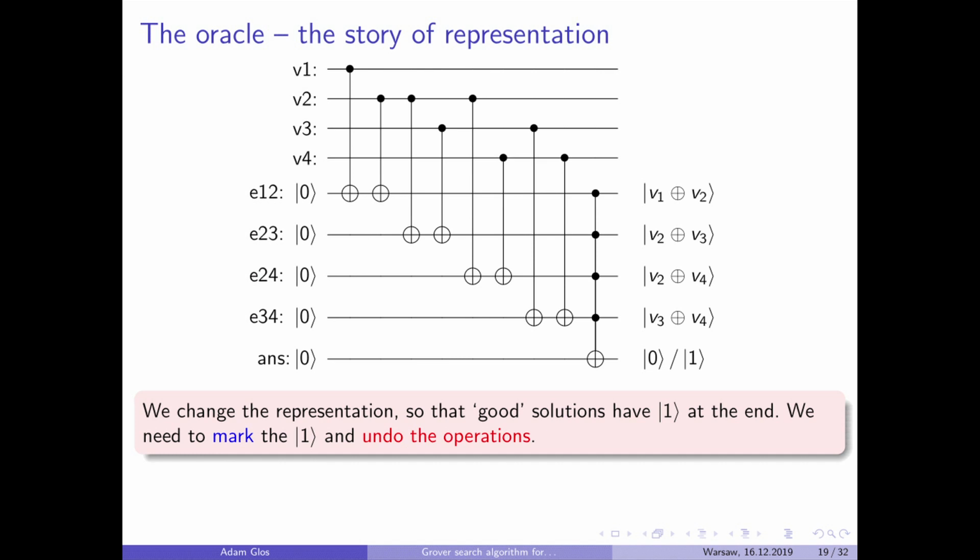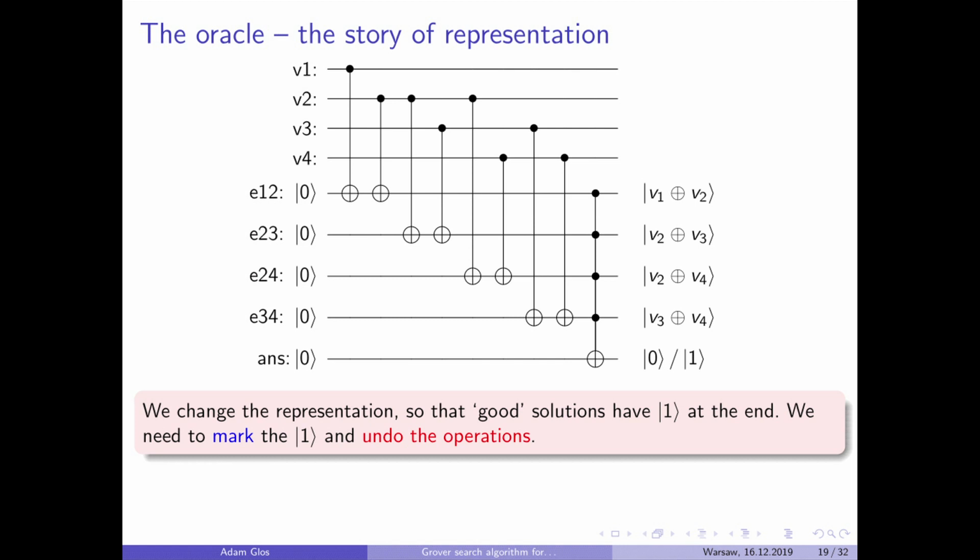And at the very end, we apply a Toffoli gate, 4 Toffoli gate. Because if E12 and E23 and E24 and E34 is 1, then we apply not here. So our answer will be 1 if all of the edges connect vertices with different colors, and 0 otherwise.